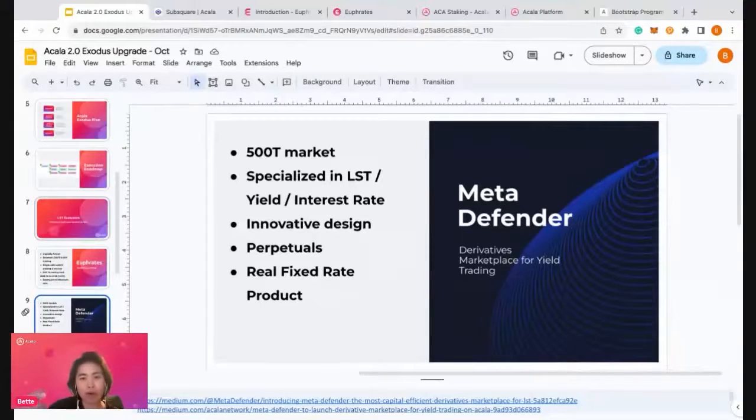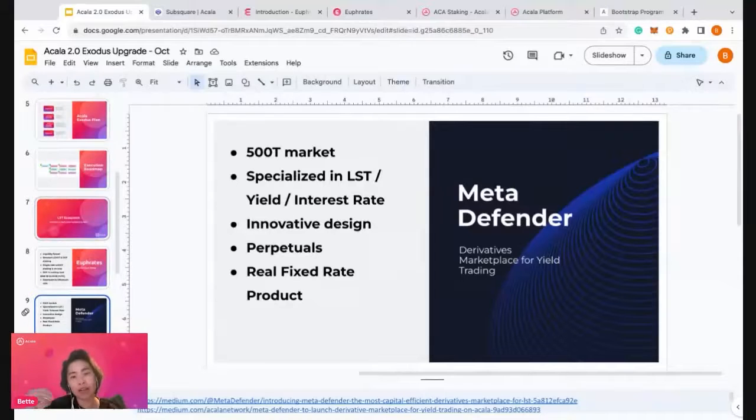You will at some point have to think about how to hedge that, or how to be smart in making your decisions on how much asset to put into lending or borrowing, because those interest rates can go up and down, right? And this is the reason why derivative markets for interest rates exist: you can actually hedge for interest rates going up and down.